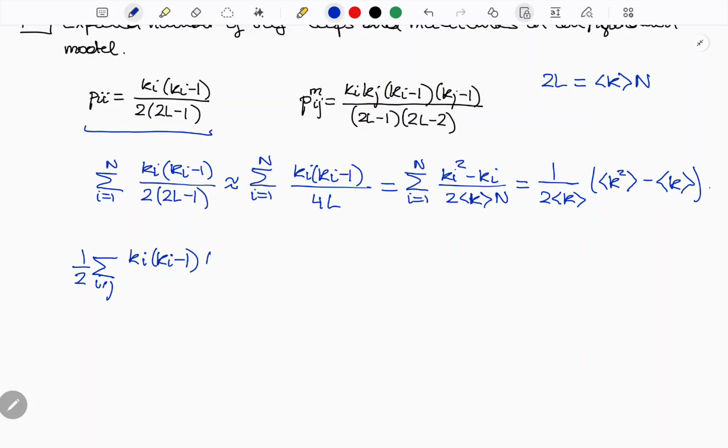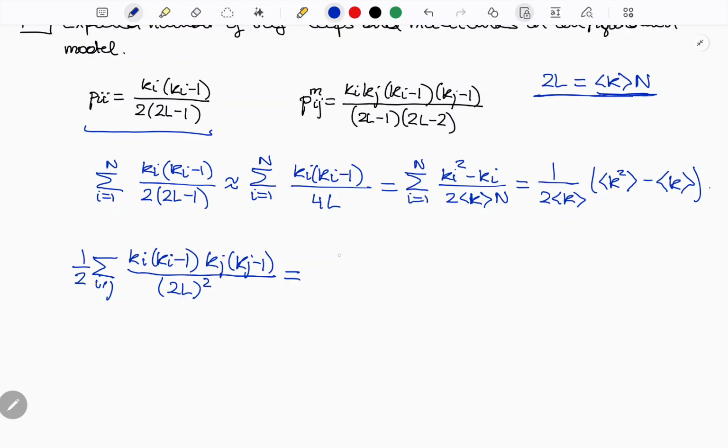So now I can do it easier. And remember that I'm going to write 2L squared, and then instead of 2L, I'm going to write this expression here. So I can separate these two parts.